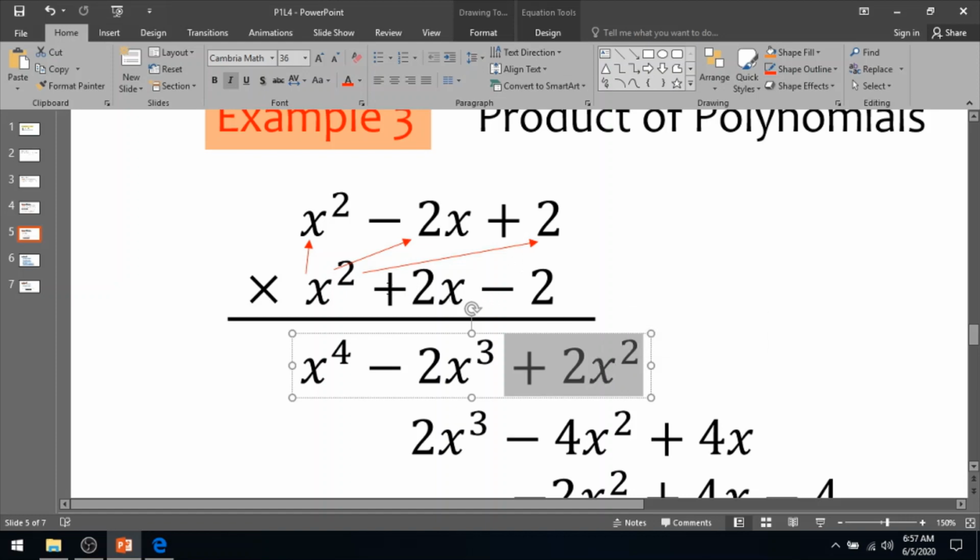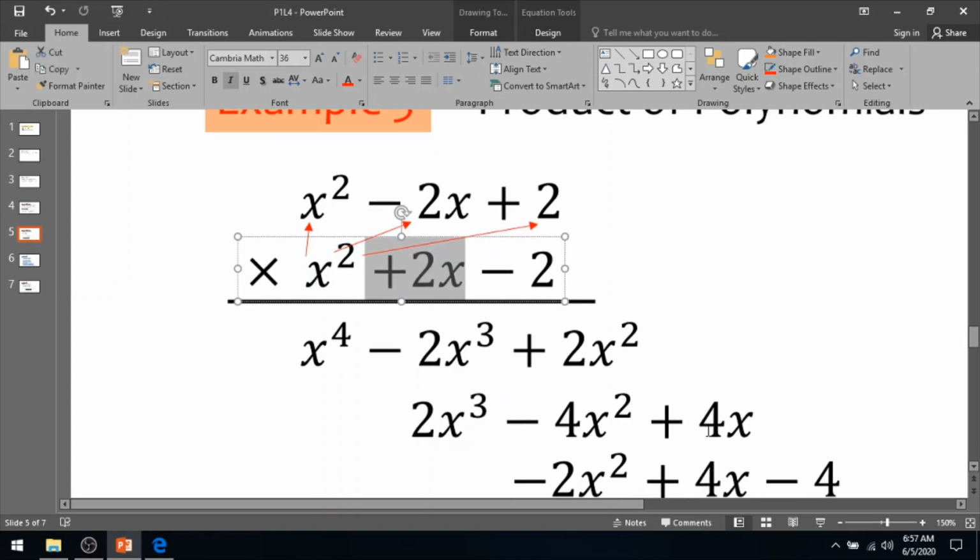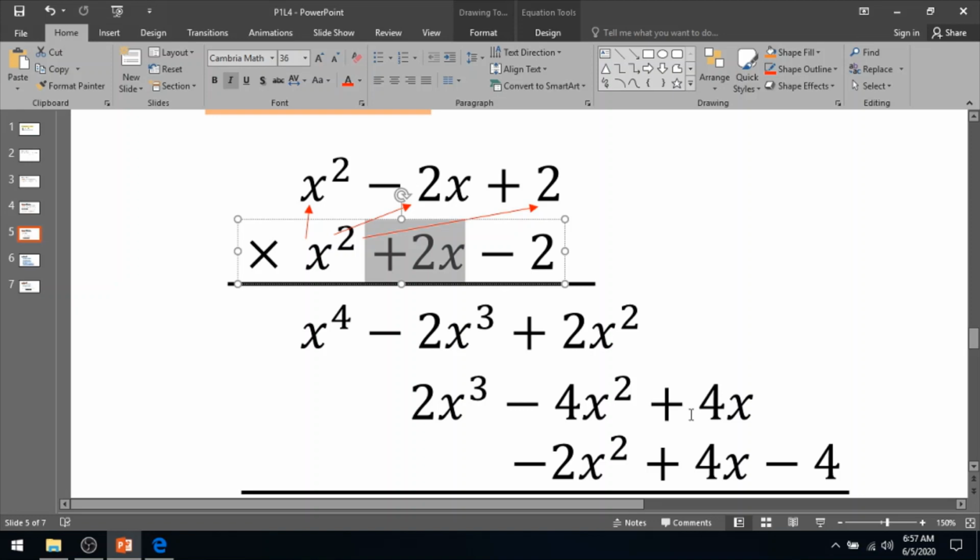Next is kaning second term na sad nimo, imo na pod i-multiply didto tagsa-tagsa kada term sa imuhang first polynomial. Okay. So positive 2x times x squared is positive 2x squared. And positive 2x times negative 2x is negative 4x squared. And positive 2x times positive 2 is positive 4x.